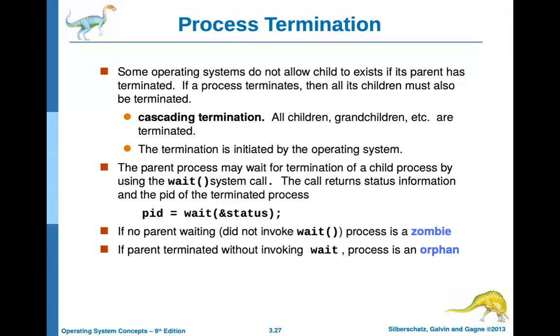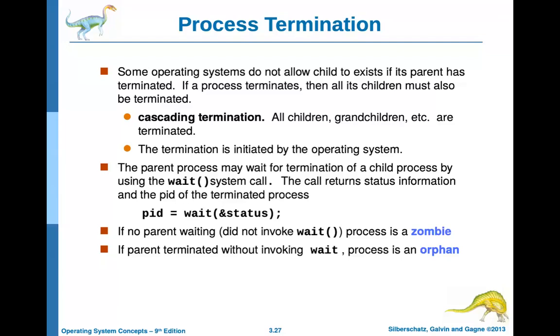That child process also got one more child, so that is a grandchild of the original parent process. If the parent itself is terminated, the whole subtree below it will be terminated. Okay, so this termination will definitely be initiated by the operating system. This typically doesn't happen in case of Linux, because if the parent expires, then the children will be taken by the init process.